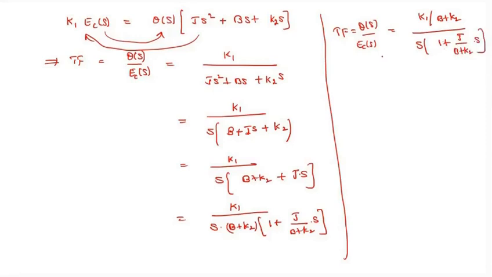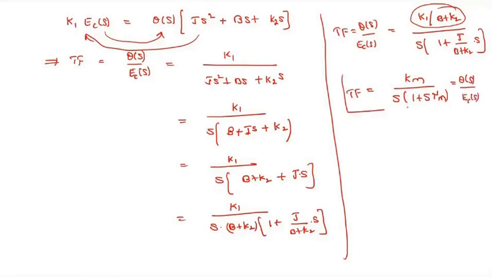This is the scenario. Now the numerator can be considered simply as Km by S into (1 plus S tau m). This is the transfer function, theta of S by EC of S. This is the final transfer function.